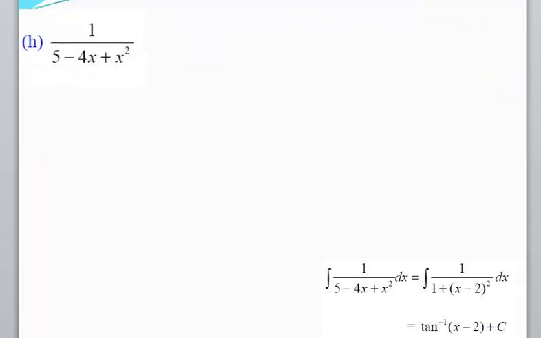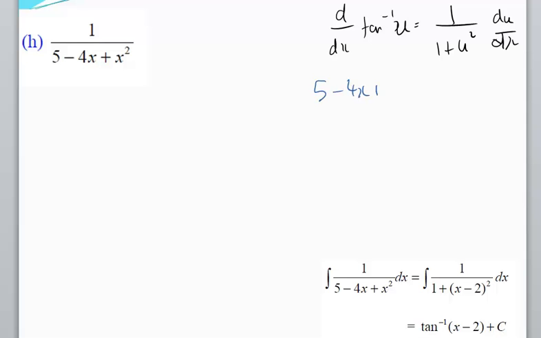So now on to our last example. First of all, we don't have a square root at the bottom, so we'll write out our tangent function: d on dx of inverse tan of u is equal to 1 on 1 plus u squared, du on dx. Now we look at it, we have 5 minus 4x plus x squared.